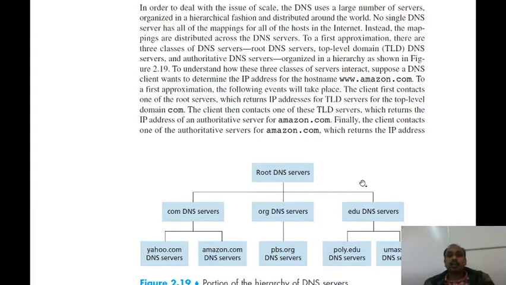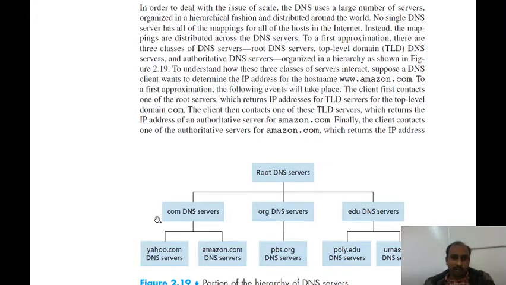Right, so now I am trying to find the IP address for www.amazon.com. The client will first communicate with the root server, which returns the IP address of the TLD servers for the top level domain .com. Next, the client communicates with the top level domain servers.